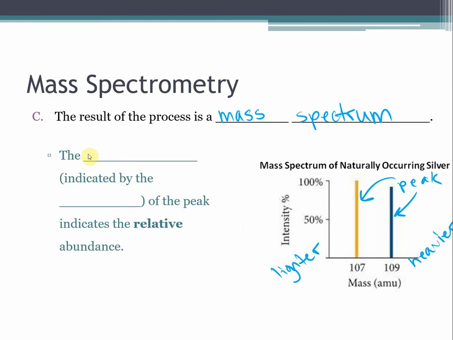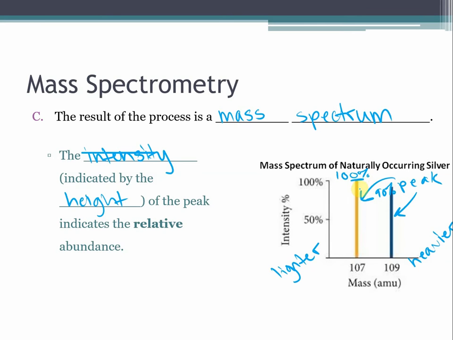The intensity of each peak, which is indicated by the height of the peak, indicates the relative abundance. So this peak, the taller one, has 100% abundance. And then this shorter one has, I don't know, maybe like 90%. And it's called a relative abundance because it's relative to each other.